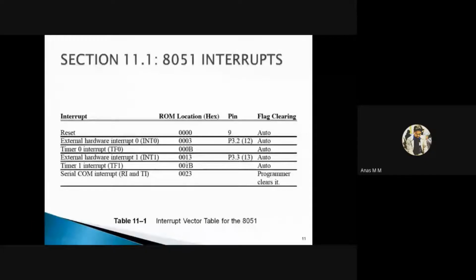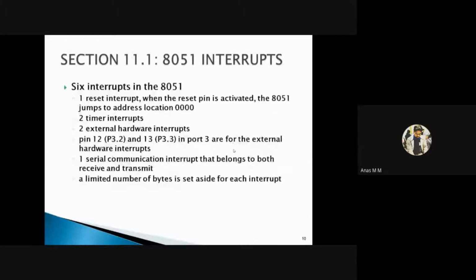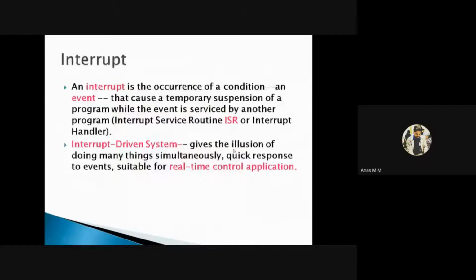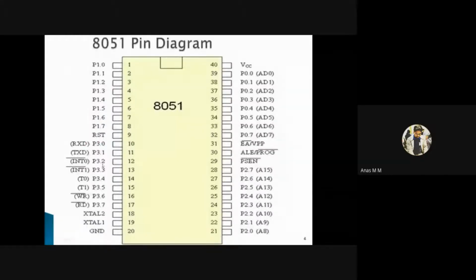And the external interrupt pins are P3.2 and P3.3, INT 0 and INT 1. So we can check in the pin diagram. Whenever there is a signal on P3.2, external interrupt 0 will activate. Whenever we get a signal on P3.3, external interrupt 1 will activate.